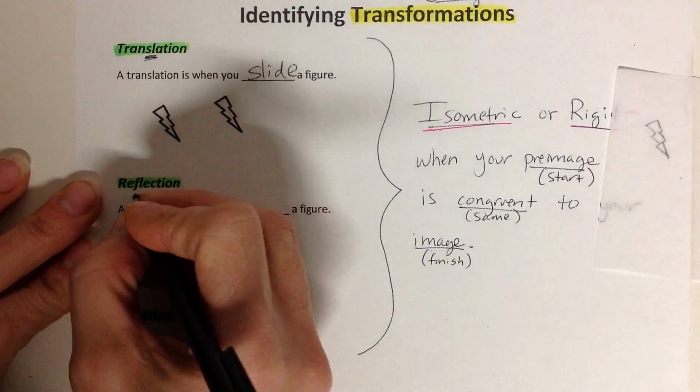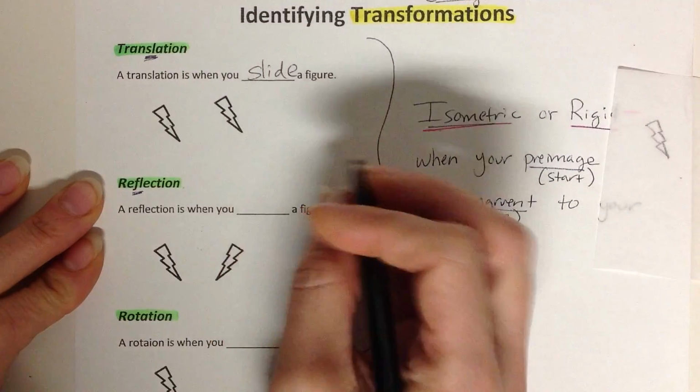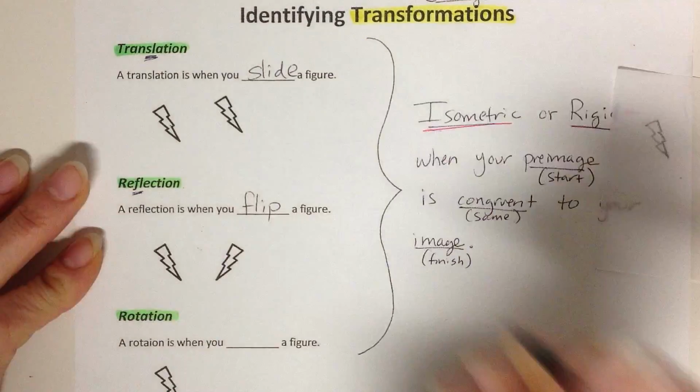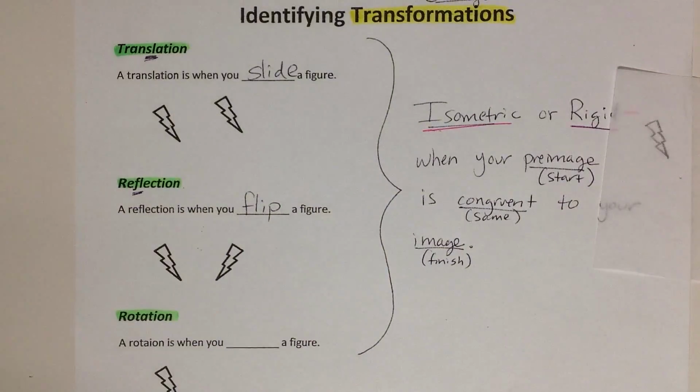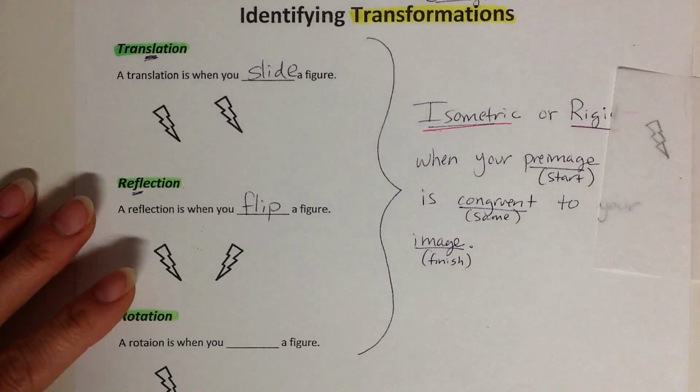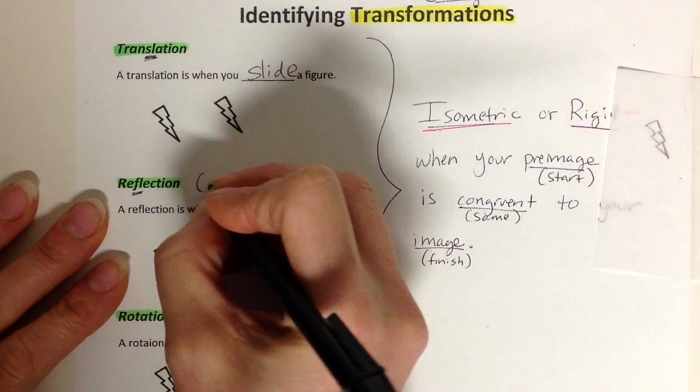Reflection, FL, reflect is a flip. Okay, you're always going to, with a reflection, you're going to be flipping it, or actually folding it, also has an FL, and you're going to be folding it over or across a line.